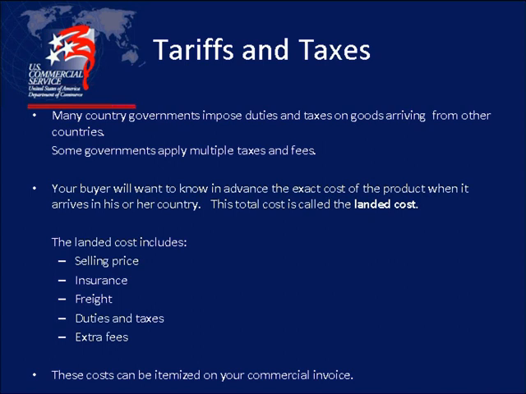They may vary depending on what the customs officials determine when the physical goods have arrived at the port of entry. And you can itemize these costs on your commercial invoice, or you can send them in advance by email or fax to your buyer in response to a request for the landed costs.